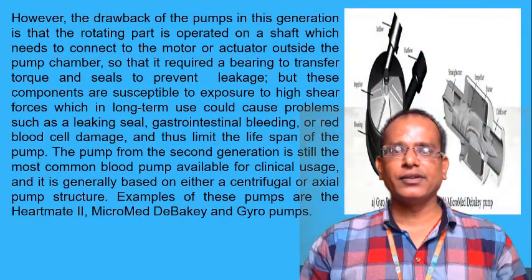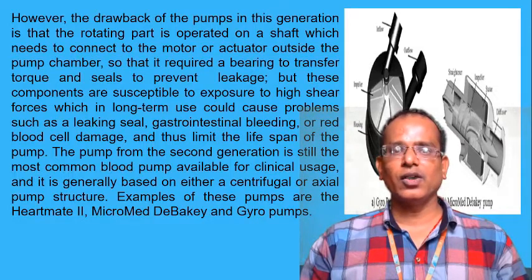However, the drawback of second generation pumps is that the rotating part operates on a shaft, which needs to connect to the motor or actuator outside the pump chamber, so it requires a bearing to transfer the torque and seals to prevent leakage.